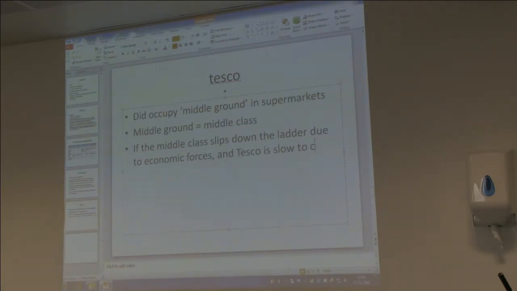Okay, so due to economic forces, Tesco keeps raising prices, doesn't lower its prices, and is no longer cheaper, and then Waitrose comes in at pretty much a similar price.